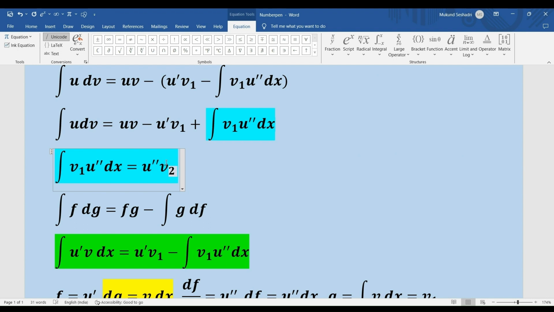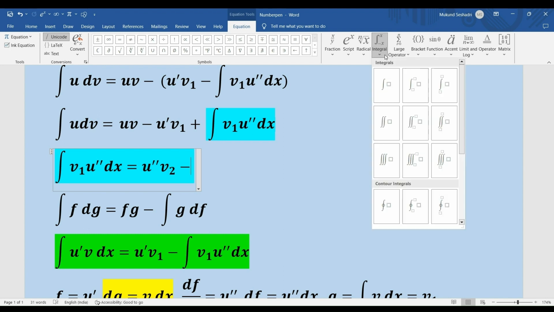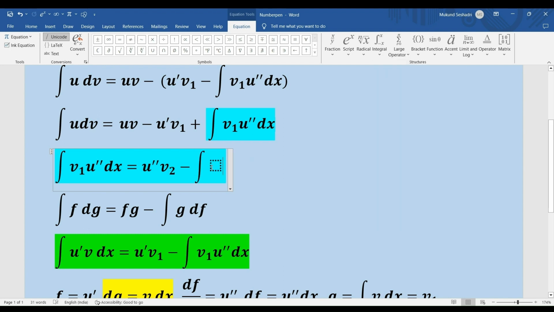And then again, I have a minus here, okay? Integral of v1, remember wherever I have a v1, this time it becomes a v2, right? And instead of a u double dashed, I will have a u triple dashed, okay?